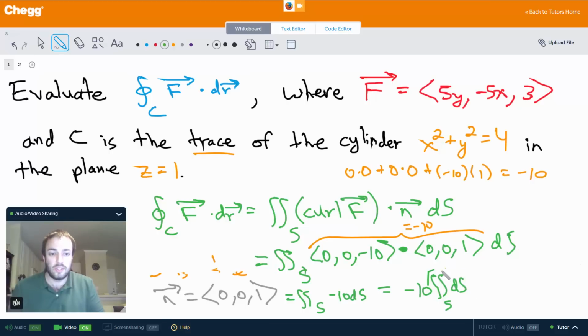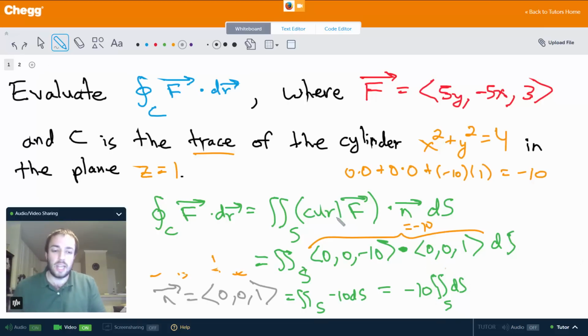Now what's this? Well, remember that thing I erased, it actually described what s is. S, remember, is the entire disk, x squared plus y squared less than or equal to 4. So basically s is a circle of radius 2. So if s is a circle of radius 2, what does this represent? This represents the area of that circle. And what's the area of a circle with radius 2?